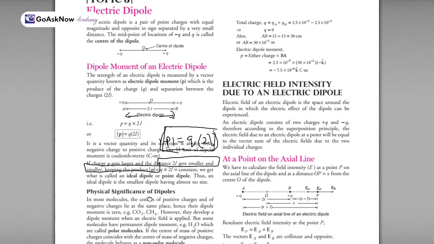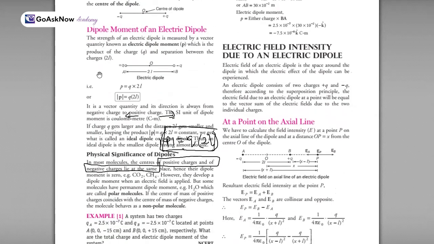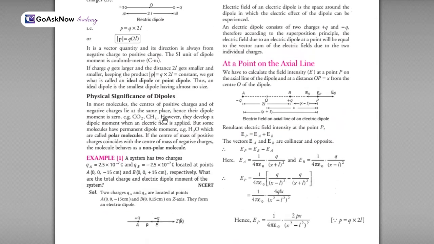Physical significance of the dipole. In most molecules, the center of positive charge and the center of negative charge lie at the same place, and their dipole moment is zero. Examples: CO2, CH4. Some of these molecules you have studied in chemistry also.